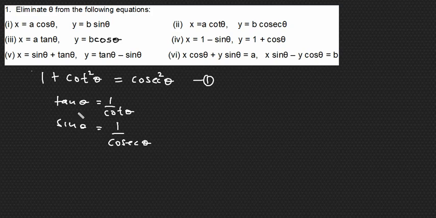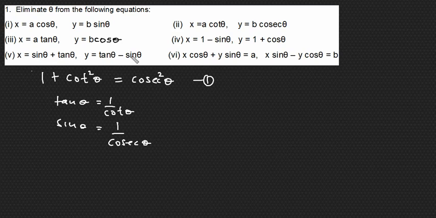When you get a sine and if you just make tan the subject, or you create the expression of tan, then you find its reciprocal, you will get a cot, and cot squared can be now placed here in the identity. So let us see, how can we create a tan from here? Now these are two equations. We have sine plus tan, then we have tan minus sine.